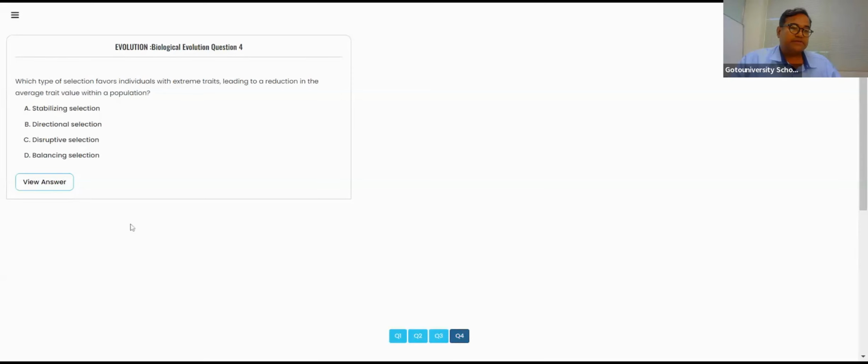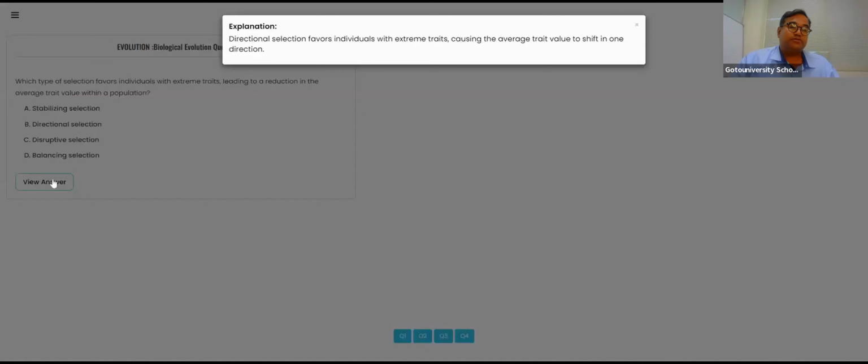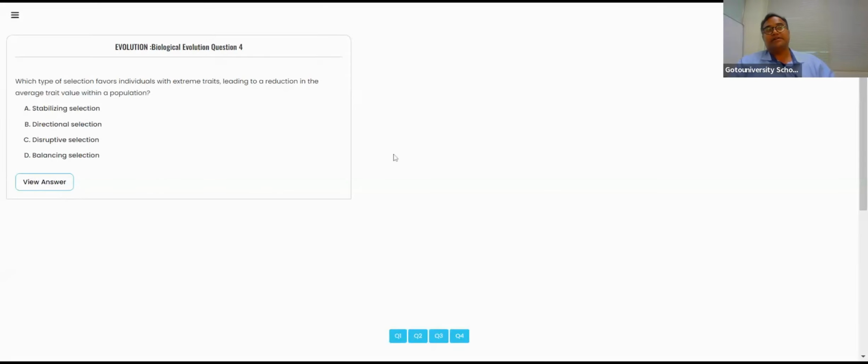Which type of selection favors individuals with extreme traits, leading to a reduction in the average trait value within a population? It is nothing but directional selection. See, in the content we already discussed directional selection, stabilizing selection, right? All these selections you need to correlate with the picture, and then we need to understand.